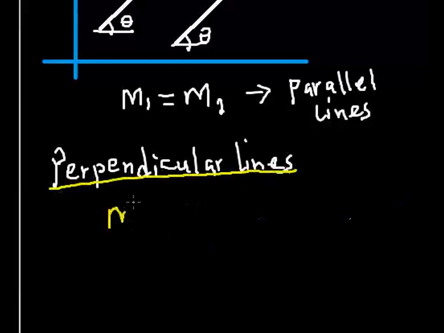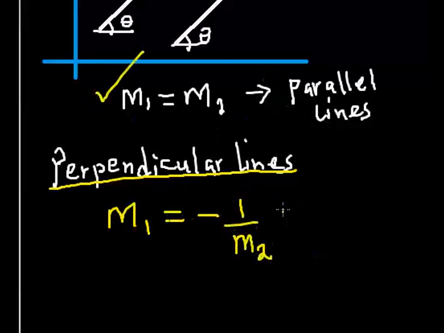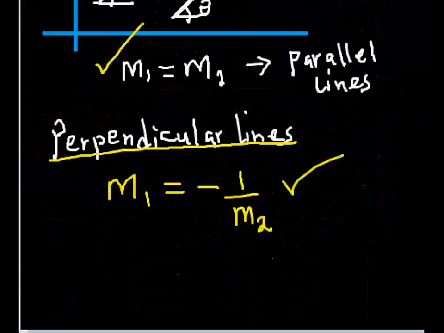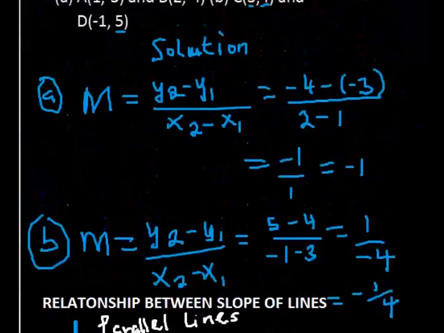So we simply mean that m1 is always equal to minus the reciprocal, that's minus 1 over m2. I just want to give you these two relationships for parallel lines and perpendicular lines. Please take note because it's going to be of immense importance as we proceed in this tutorial.